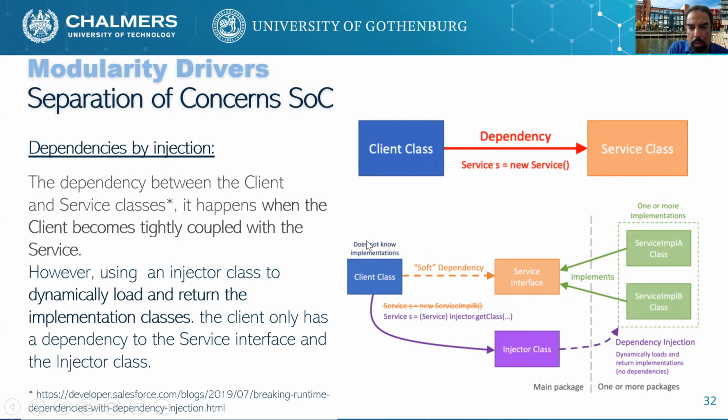In this design, we have decoupled the client class and the service by using a so-called injector class. So the client would call the injector class requesting services, and this would be the adapter or the independent aspect that will implement the procedure and methods, and then will update the service interface. So there is no direct interconnection between the client class and the service class. In this way, we call it soft dependency through injection.